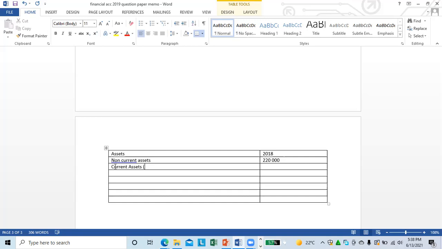And bank is part of our current assets. Therefore, we need to adjust our current assets. Do we understand? Yes. Okay. So our current asset amount in 2018 was 132,000.